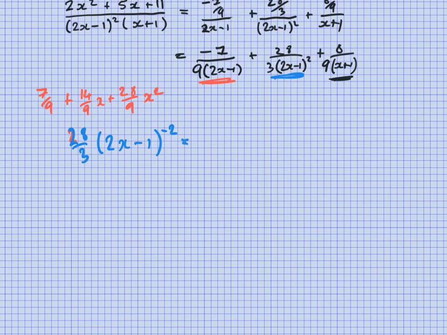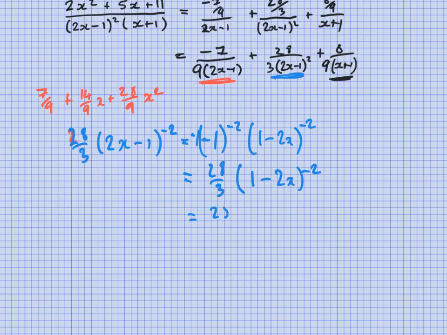So this is going to be 1 minus 2x, if I times that by minus 1, to the power of minus 2. Now we have to remember to take the minus 1 outside the brackets, and it's minus 1 to the power of minus 2, which gives you 1. Now this is all still times 28 over 3, so this is 28 over 3 times 1 minus 2x to the minus 2.